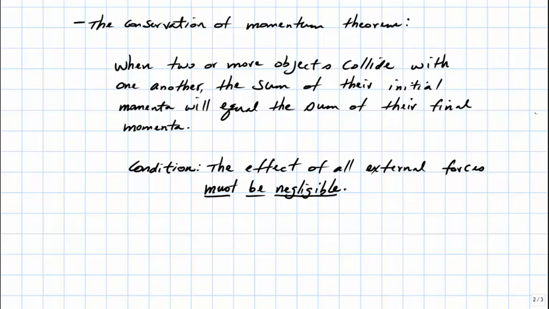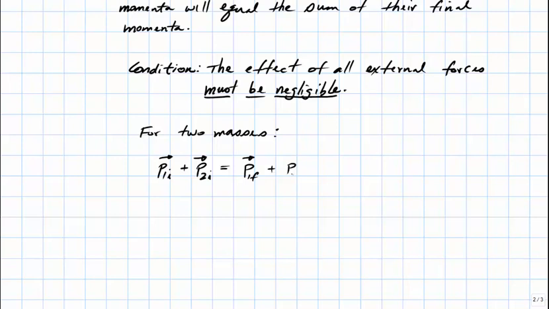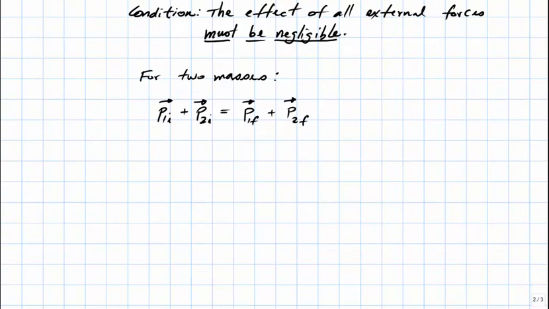Let's now incorporate our earlier results. For two masses, we discovered the following relationship. P1 initial plus P2 initial equals P1 final plus P2 final. That's the general equation.